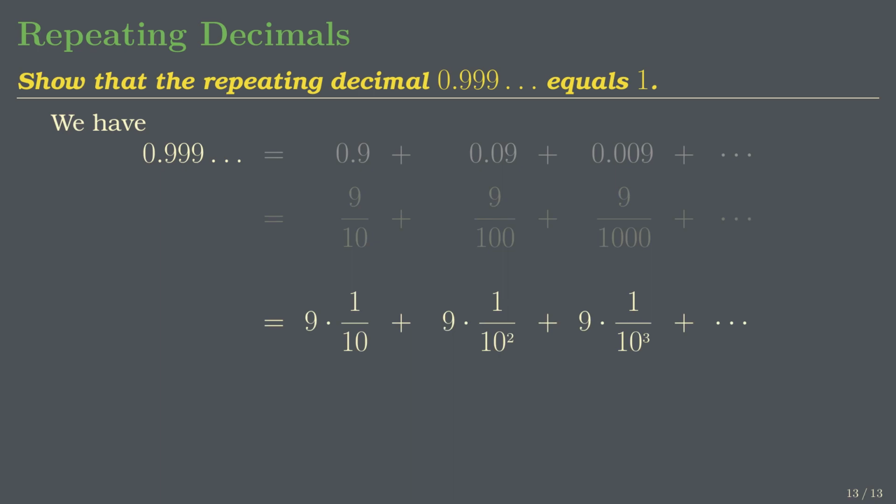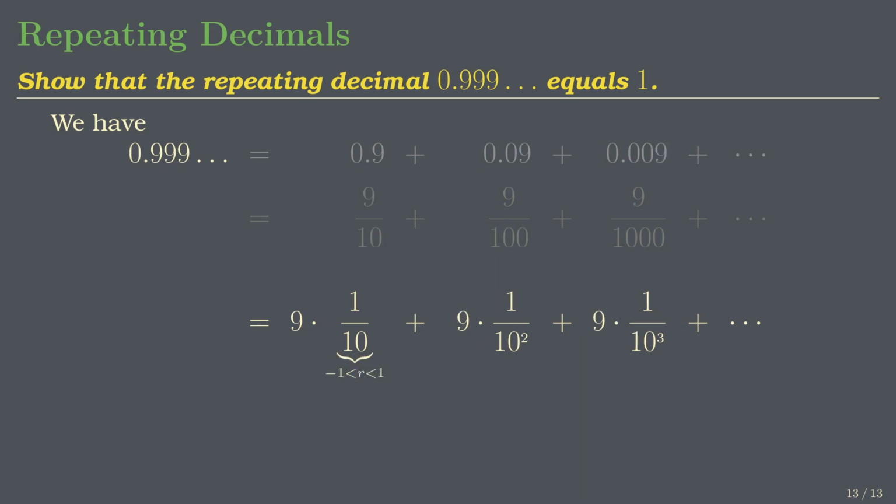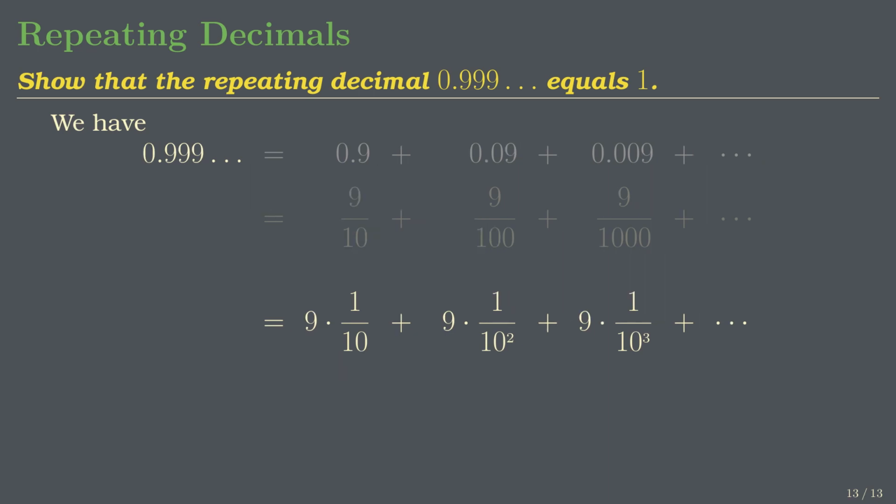So this becomes an infinite geometric series where the first term is 9 tenths, and the common ratio is 1 over 10. So you see that the common ratio in this case is 1 over 10, which has absolute value less than 1.